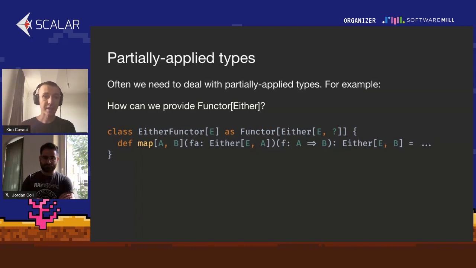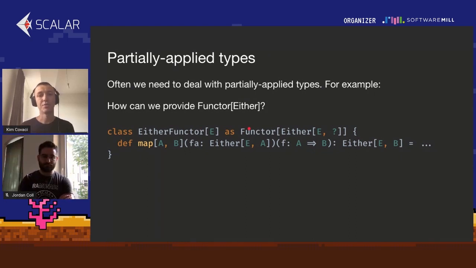We cannot do it directly because EitherT is defined for 2 arguments, while functor can only be defined for F with 1 argument. But what we can do is fix the error type E and define an instance of functor for EitherT with a fixed error. But we don't have language support in Scala for this.